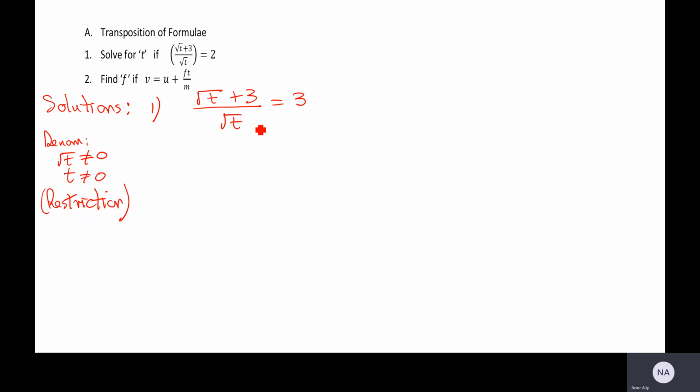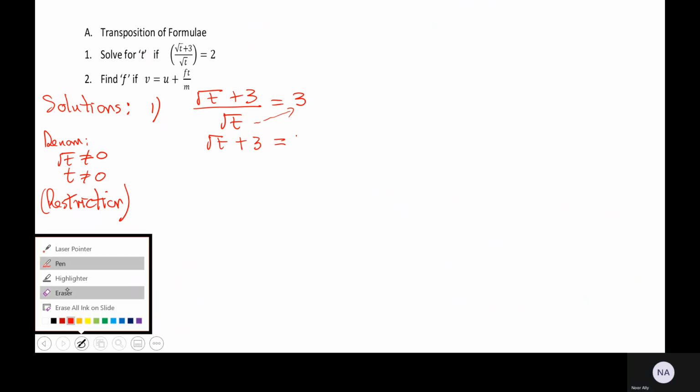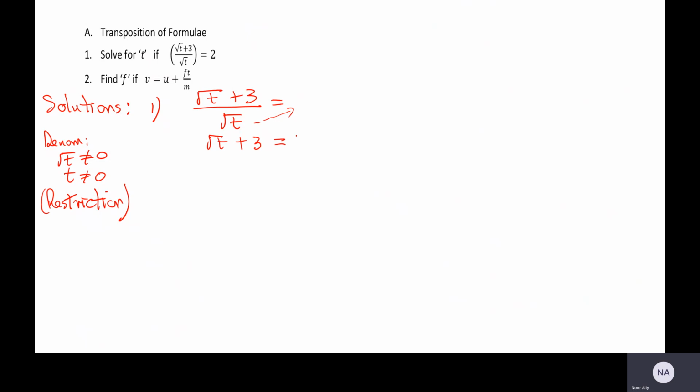Okay, so what can we do here? We can multiply by the LCD. Square root of t plus 3 is equal to, again guys, why didn't you let me know?